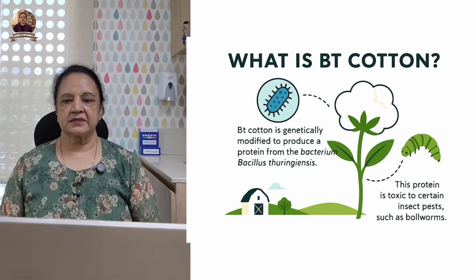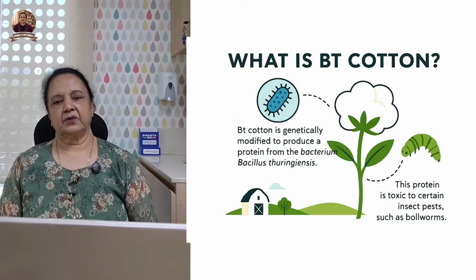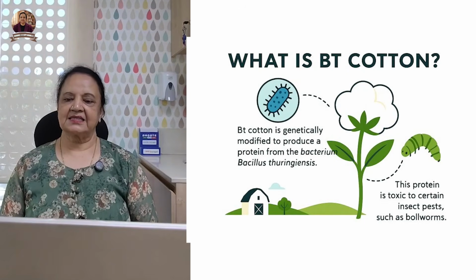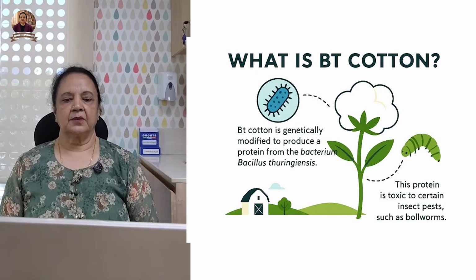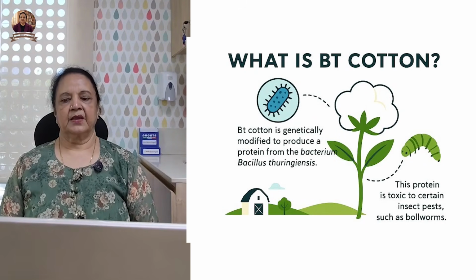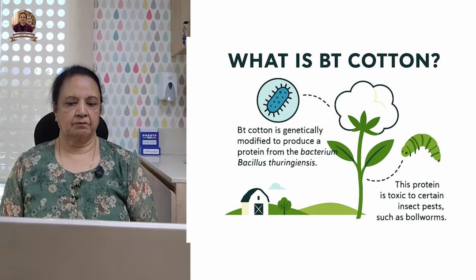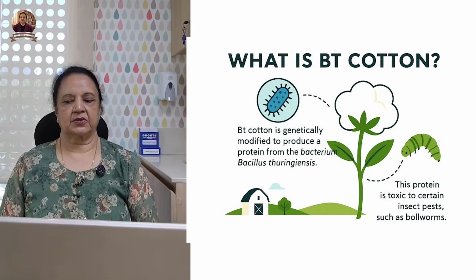Now let us understand the mechanism of protection. The Bt gene is incorporated into the cotton plant's genome. The plant cells now produce the Bt protein in an inactive crystalline form called protoxin. When an insect pest, such as the cotton bollworm, feeds on the plant, it ingests the protoxin.